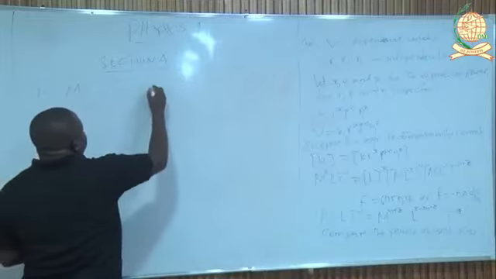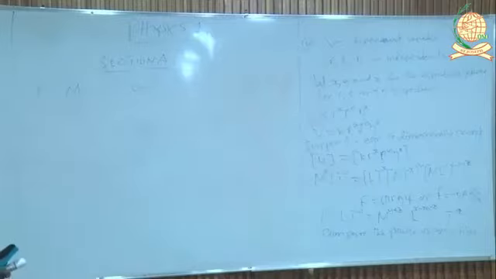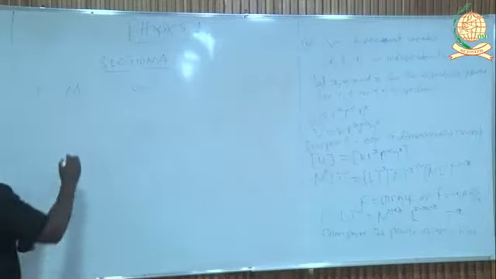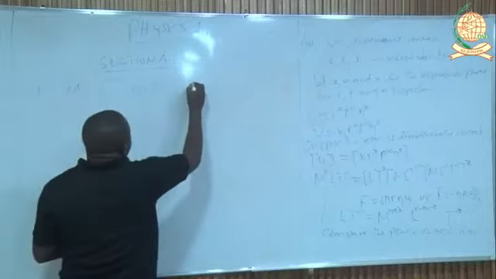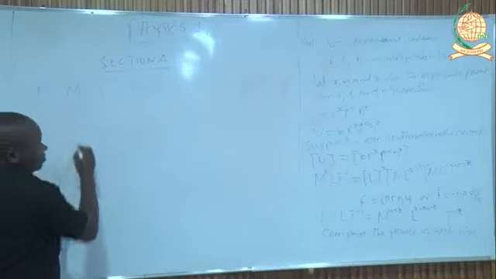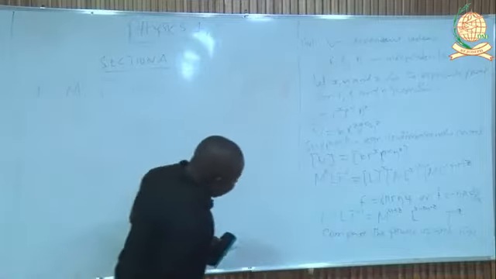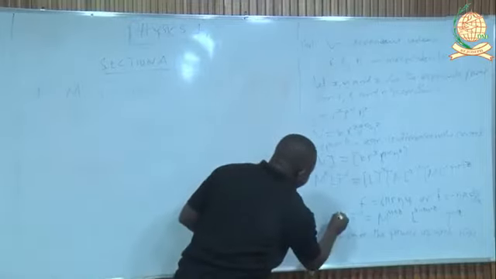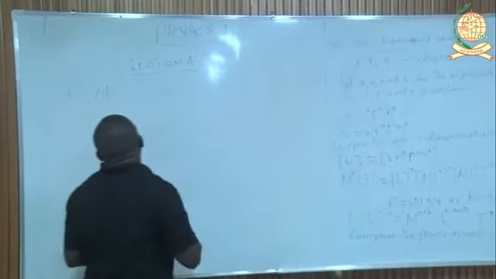Call this equation number 1. For length, on the left hand side the exponent is 0.